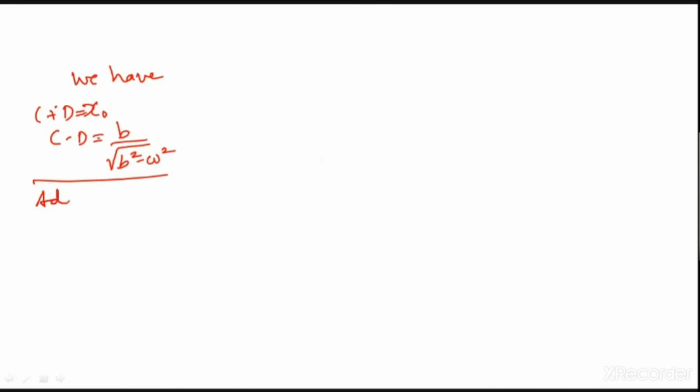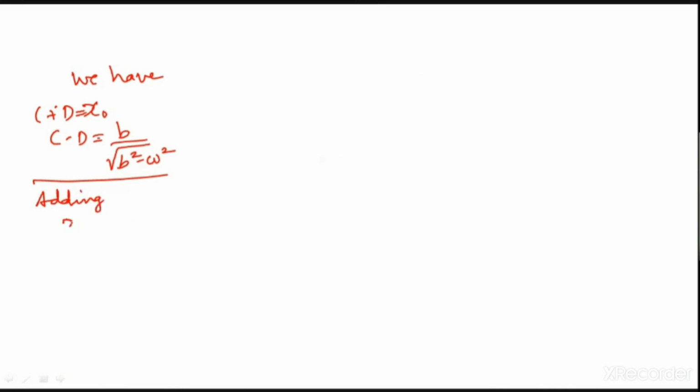So what we have is c plus d equal to x naught, and c minus d equal to b by root of b square minus omega square, times x naught. If you add these, what happens?